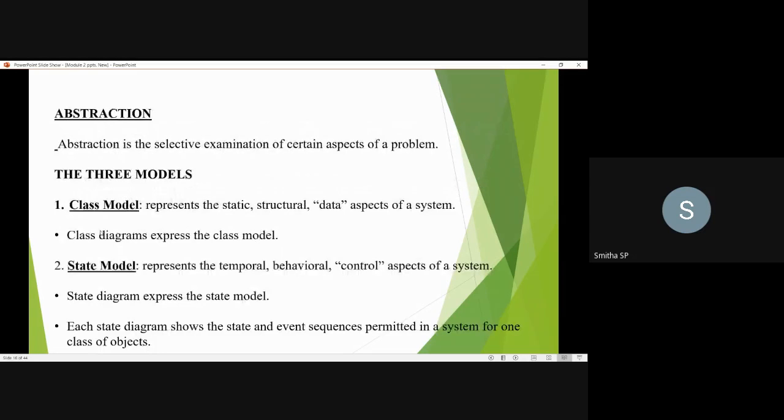The class model represents the static, structural, data aspects of a system, and class models are represented by class diagrams. The state model represents the temporal, behavioral, control aspects of a system, and these are represented by state diagrams.